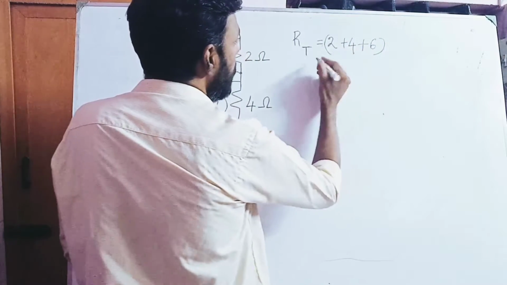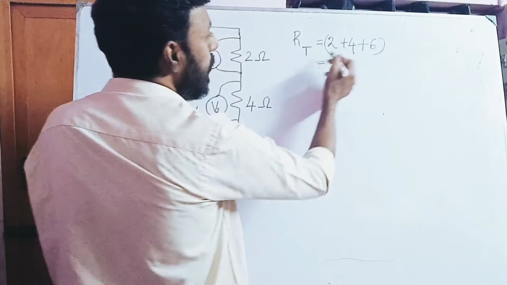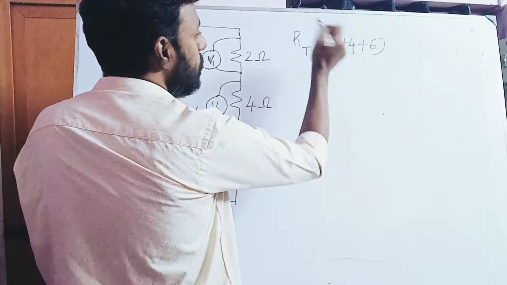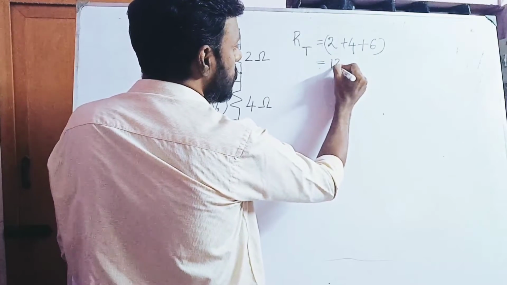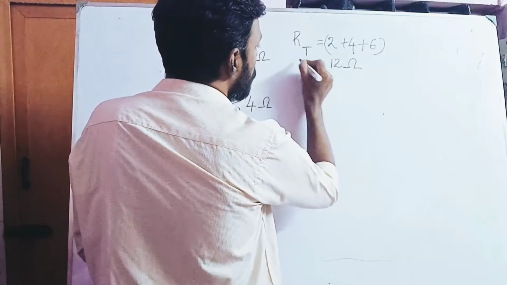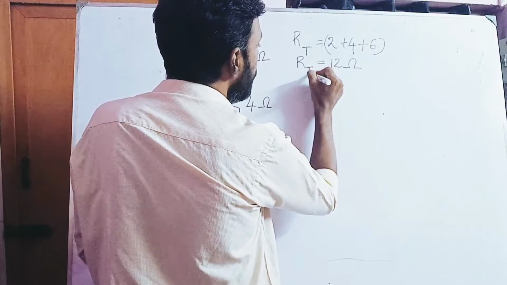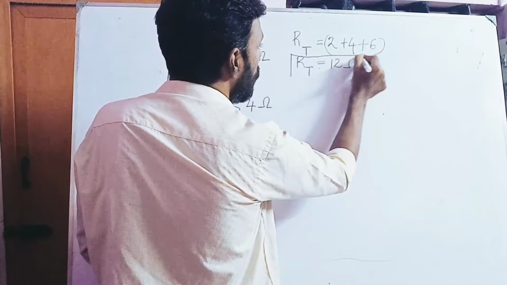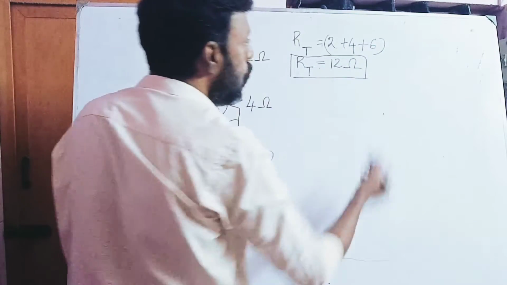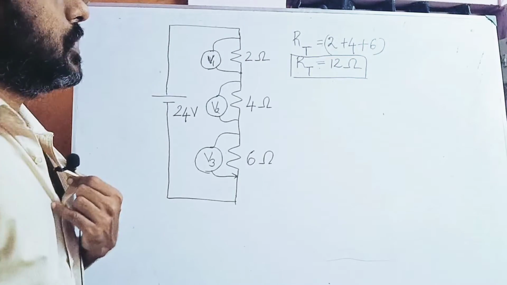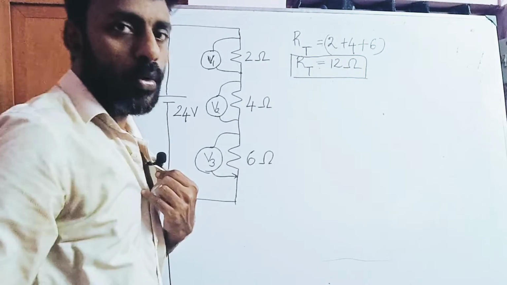When I add all these, 6 plus 4 is 10, 10 plus 2 is 12 ohms. So RT, the total resistance of the series circuit, is 12 ohms.